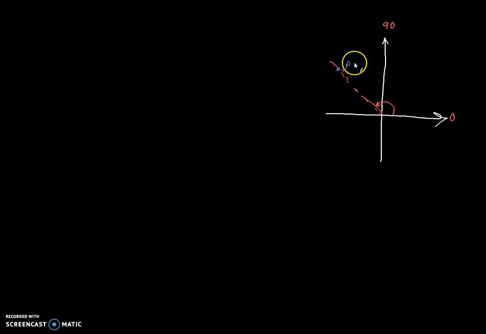If this is P, x comma y are the x and y coordinates of P, and this is r, the length of this, basically the value of OP. So if this is O, the absolute value of OP is equal to r, and P is on this line.